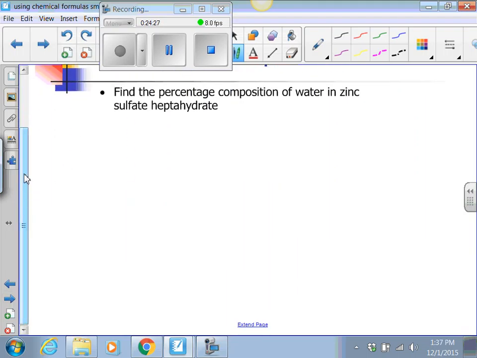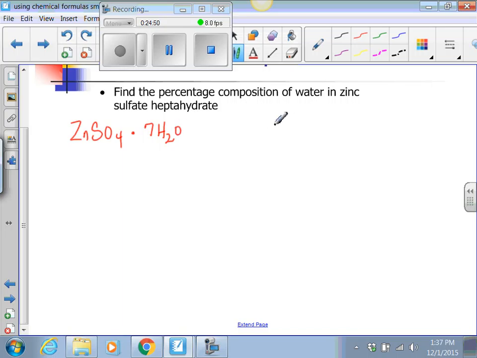All right, let's take a look at a hydrate. All right, we want to know the percentage composition of water, specifically in zinc sulfate heptahydrate. What does hepta mean? 7.